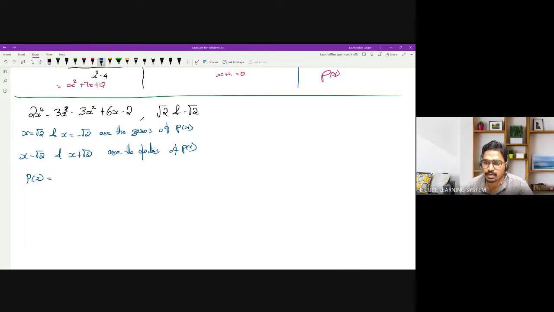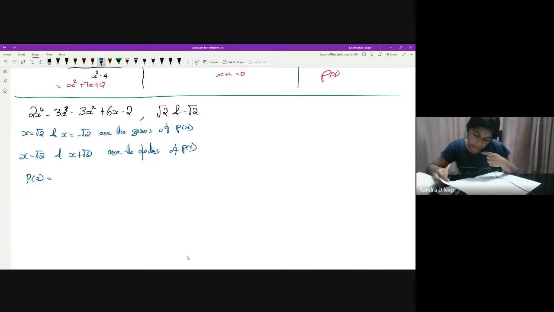What will be the next step that we can write? P of x is equal to x minus root 2 into x plus root 2 into g of x.